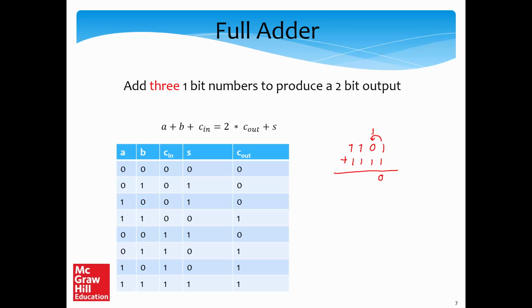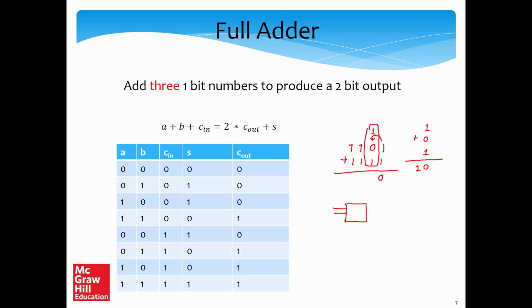Mind you, for the second position, we are actually adding 3 bits. We are adding 1 plus 0 plus 1, right? So this will produce a sum of 0 and a carry of 1, but essentially a full adder will be something that takes 3 bits as input.